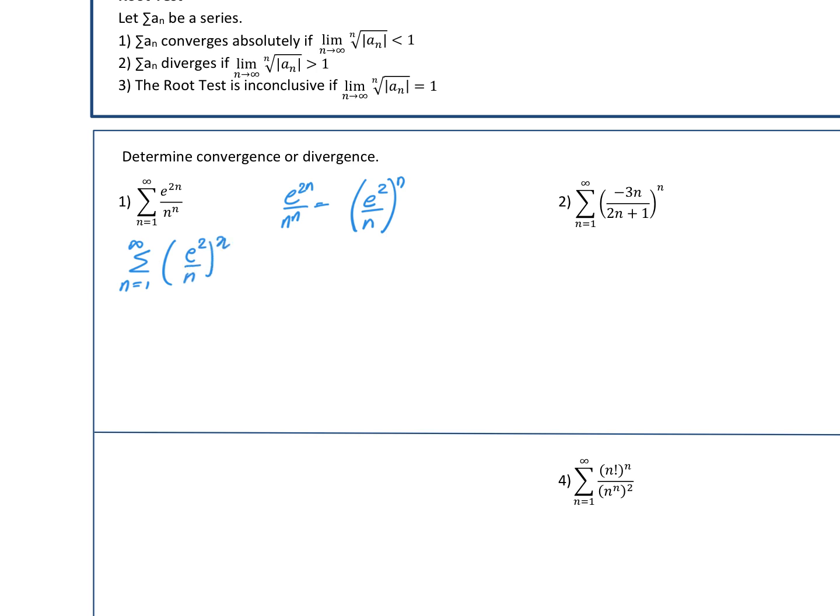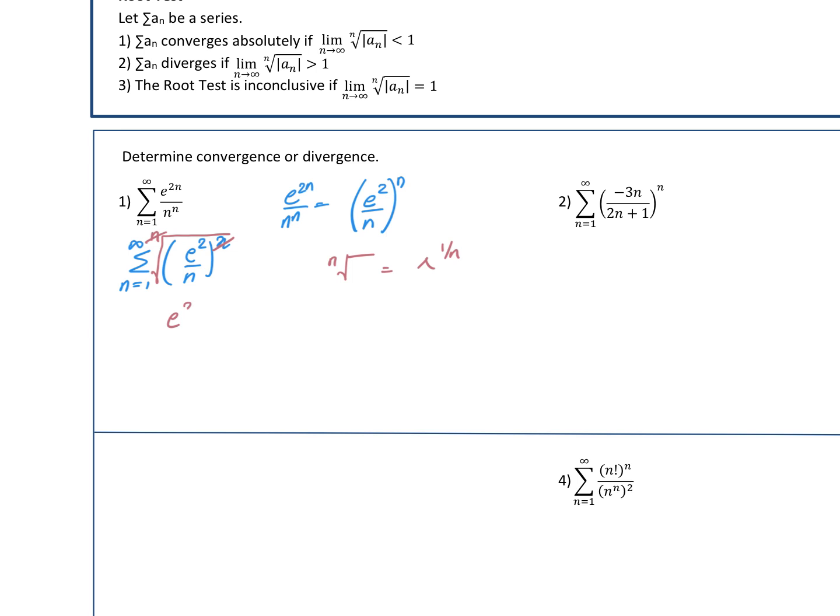Now if I raise this to the 1 over n, so when you're taking the nth root of something, it's the same as raising it to the 1 over n power. So I'll just take the nth root here, and it cancels with that.